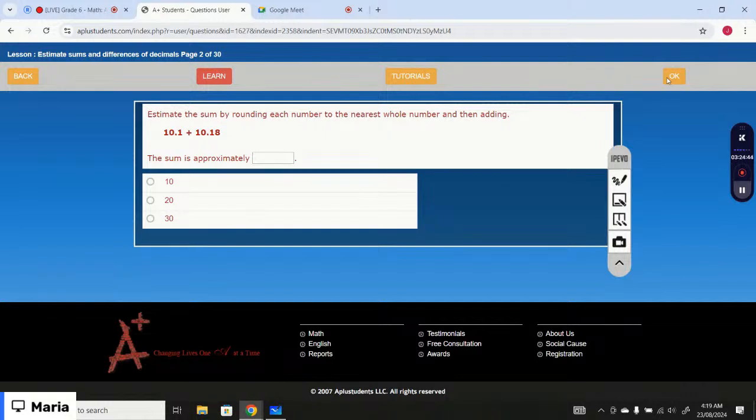Yes, they both are rounded off to 10, and when you add together they make 20. The correct option is 20. Option number 2 is the correct option.